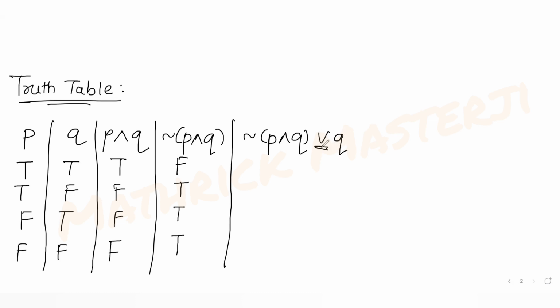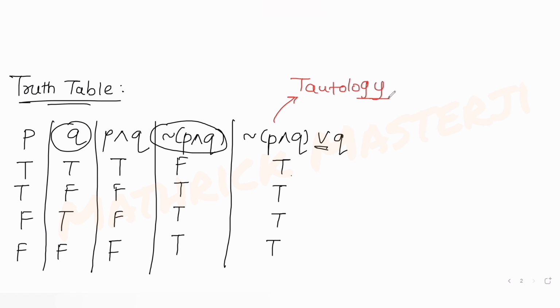In cup, that is in or, if both are F, then you write F, otherwise T. So T and F gives T, T and T gives T, T and F gives T, T. So I get this entire expression turning all the statements true. This entire expression is called a tautology because it is entirely true irrespective of your truth values. Now let's see which one of the options becomes same as this.